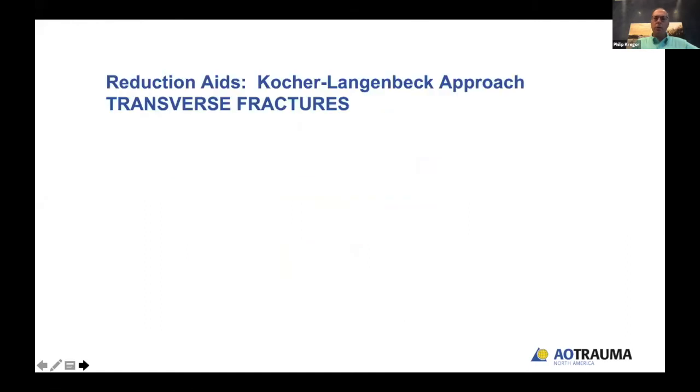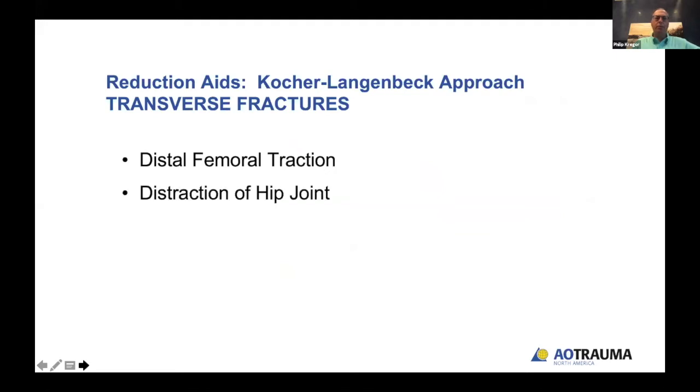How do we reduce the transverse fracture through the Kocher-Langenbeck? I think distal femoral traction can be very helpful. We can distract the hip joint and look inside the hip joint, particularly if we want to remove.